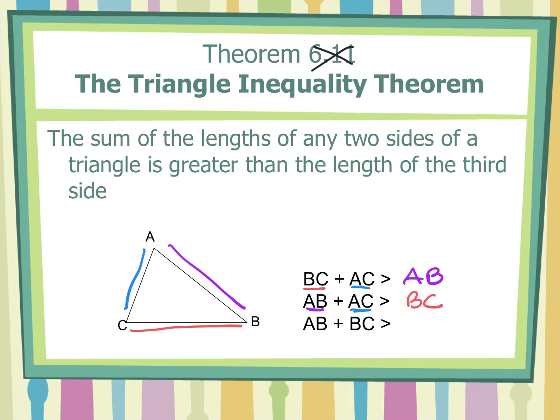Now again, remember, you can also reverse the letters on these. Remember, when you're naming a segment, the order of the letters doesn't matter. And then the last one, if I add AB to BC, it needs to be greater than AC. Or we can say CA.